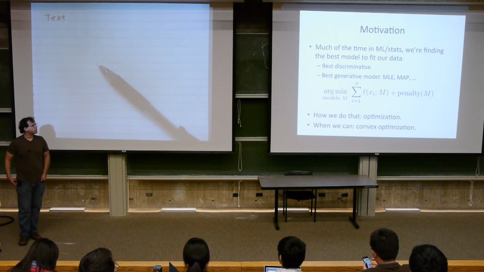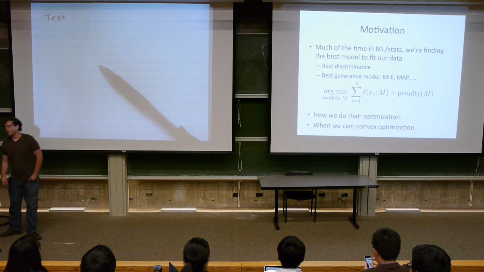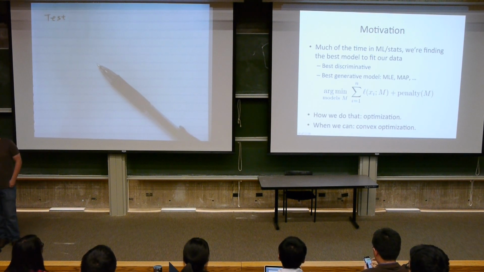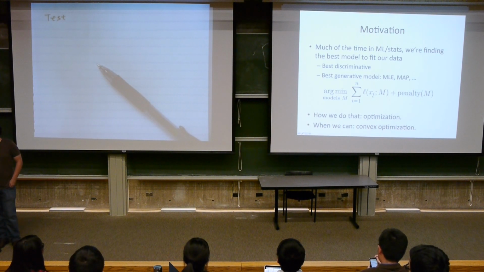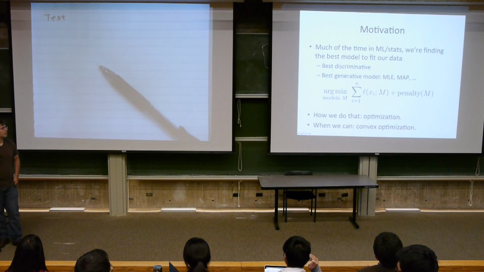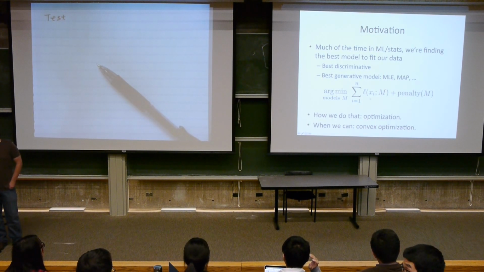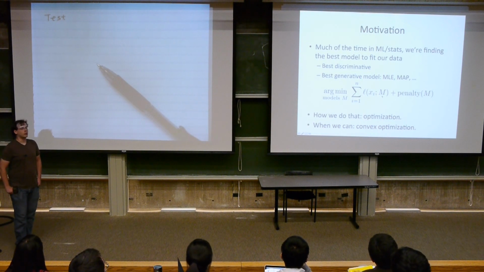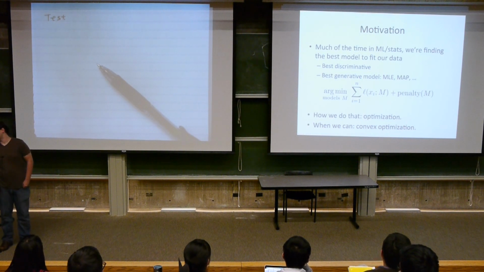So Jeff mentioned in class yesterday that a lot of times we'll be doing empirical risk minimization, which takes this form, where we have a bunch of data X, and we want to find the model that minimizes some loss function for each data point for the given model, plus an overall penalty on the model.